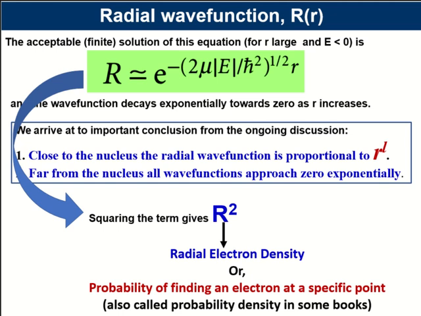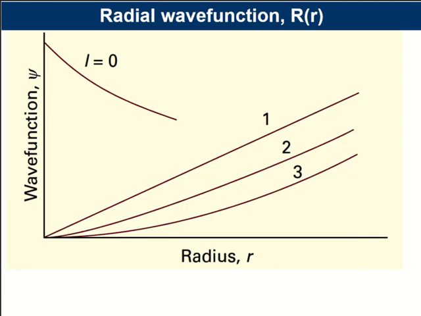And sometimes it is also described as probability density. So the terminology which you may come across in different books has all been summarized here: electron density, radial density, probability of finding the electron at a specific point, or probability density. All are the same thing. So radial wave function profile very close to the nucleus.